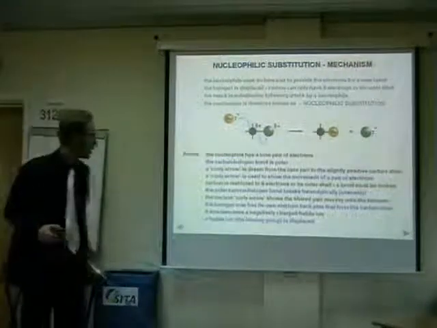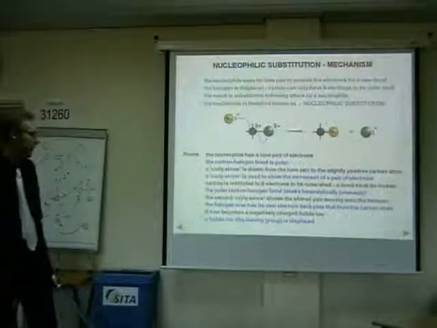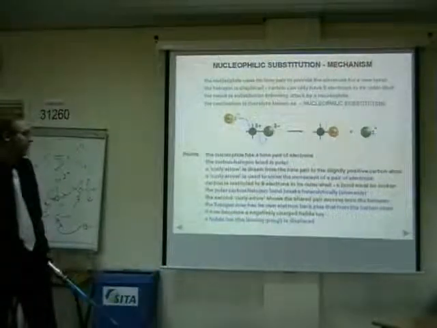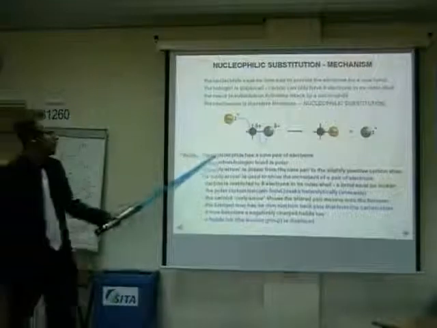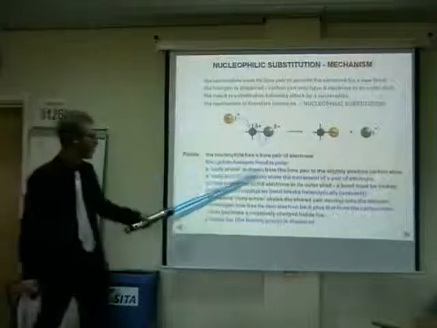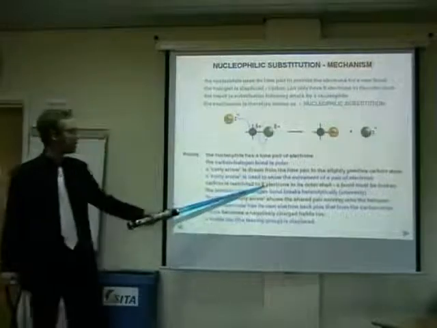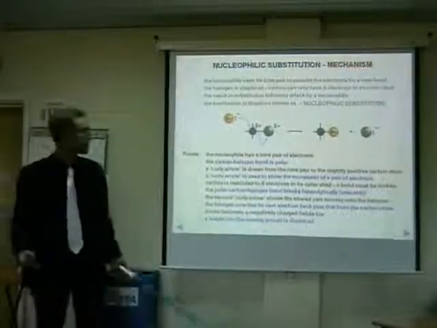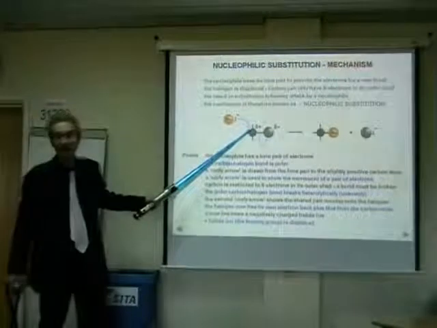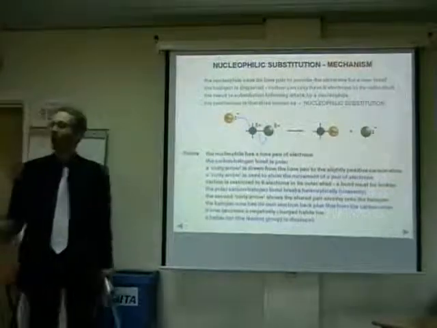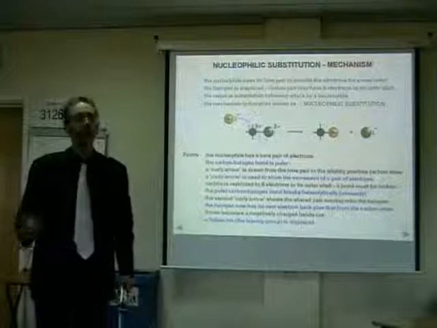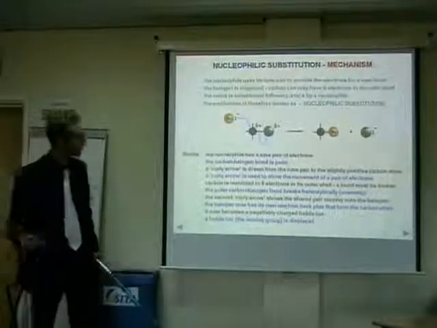So, here are a bunch of points. I think they're pretty self-explanatory. Nucleophile is a lone pair. Carbon-halogen bonds are polar. Curly arrow. Carbon is restricted to 8 electrons. If we've got something else coming in, something else has got to leave. You can't have 5 pairs of electrons.